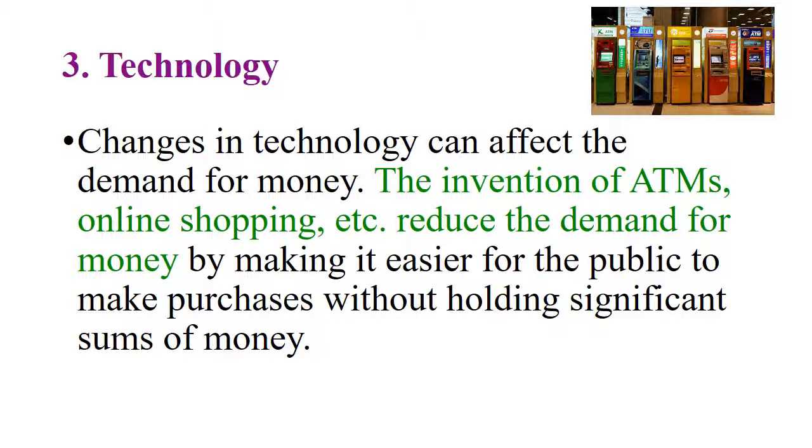So if people anticipate a decline in technology, they might withdraw more money, their money demand would go up to make up for that lack of access to technology. So the amount of technology and your money demand are opposites. They have an inverse relationship.